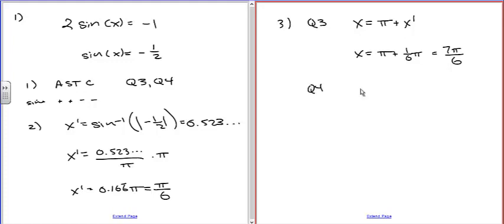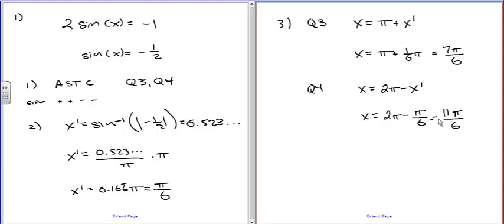And the fourth quadrant solution is 2 pi minus the reference angle. So you get 2 pi minus pi over 6. 2 is 12/6, 6 times 2 is 12. So 12 minus 1 is 11, so you get 11 pi over 6.